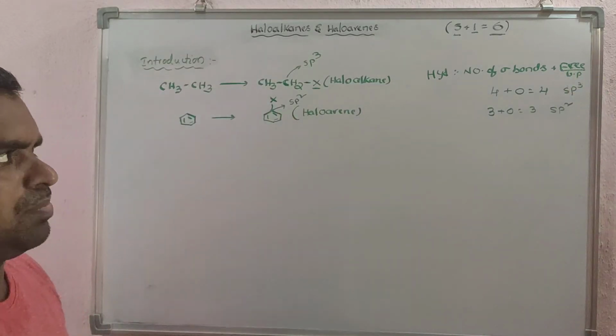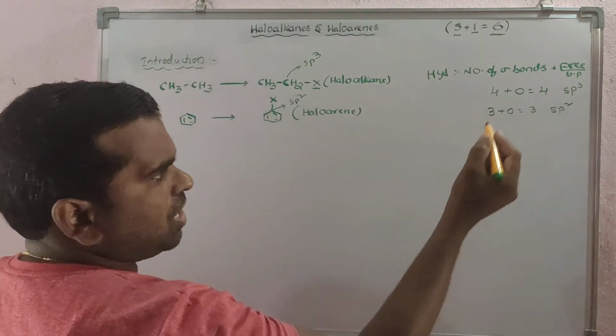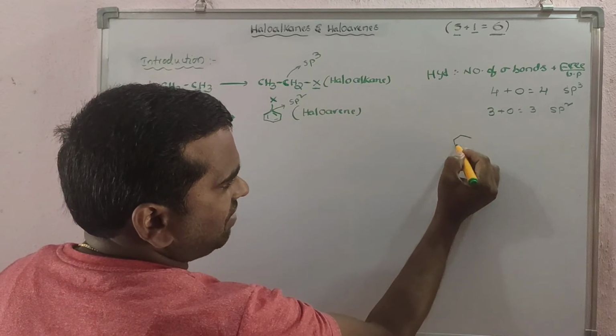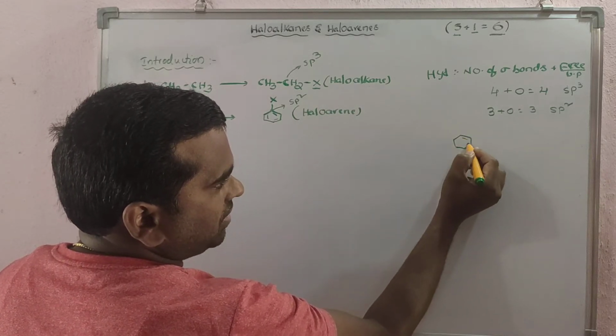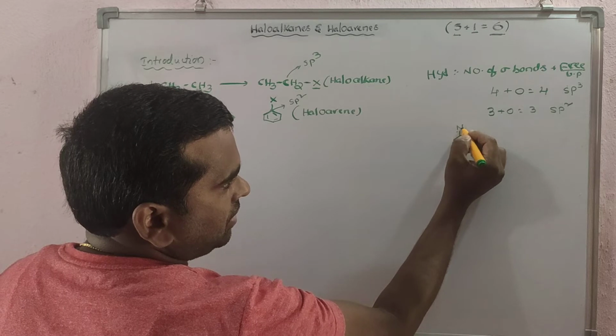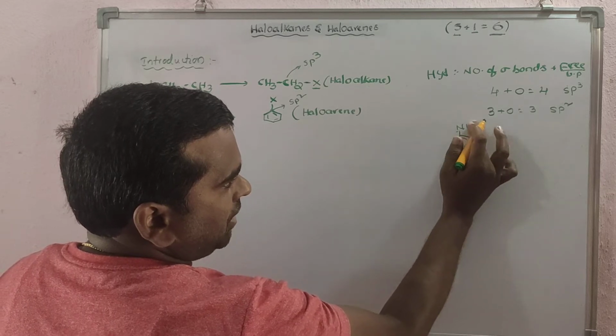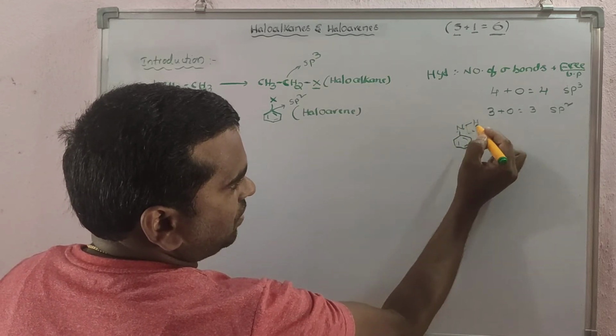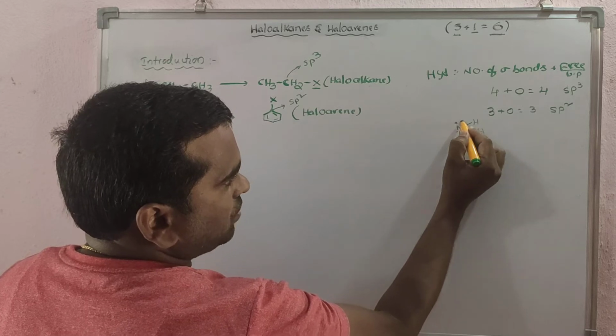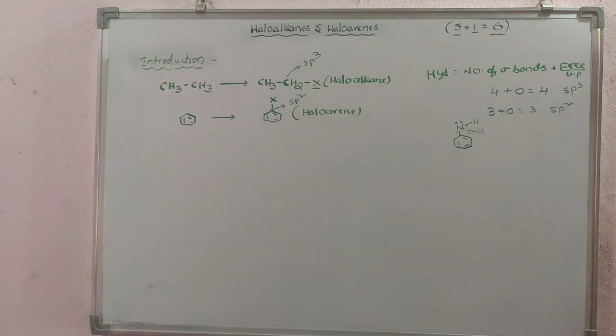Clear? What does that mean? Suppose I take another example, then you can easily understand. I will take the example of aniline. Aniline has 2 hydrogens on the nitrogen, and you know that nitrogen has 1 lone pair.